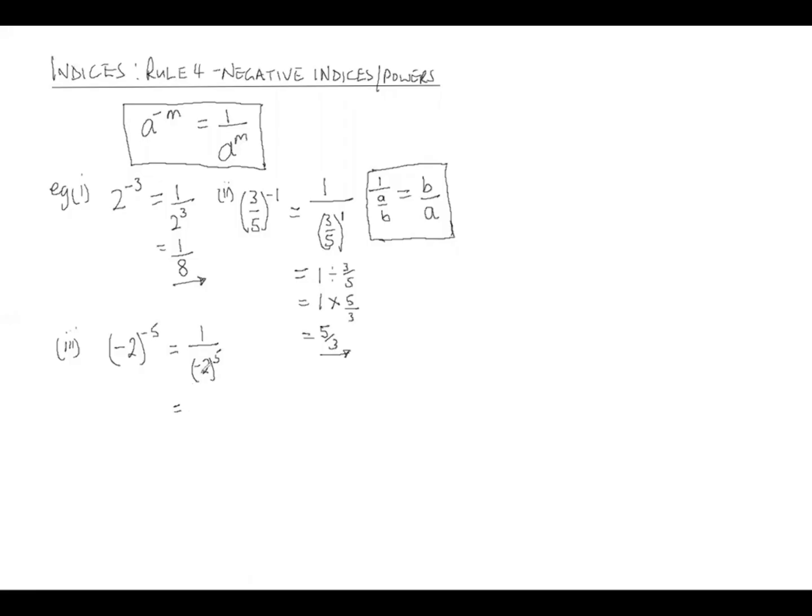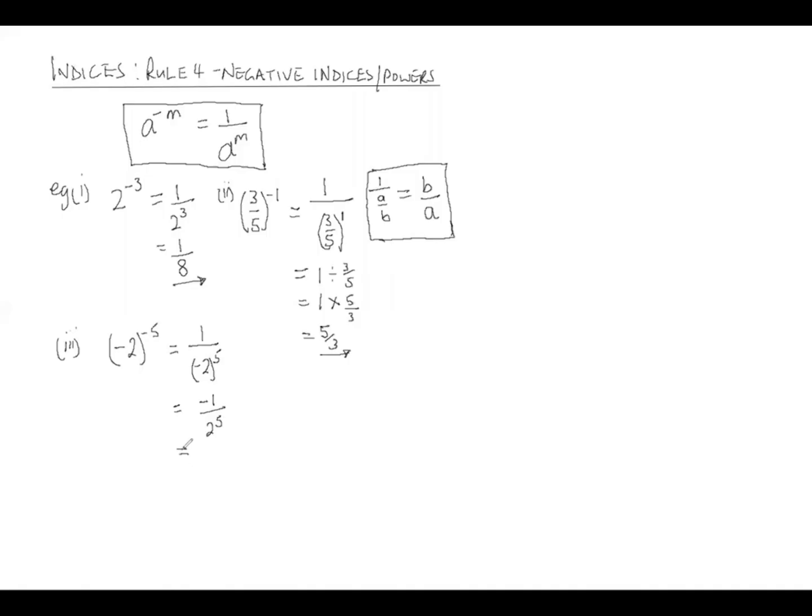So 1 over minus 2 to the power 5 is just the same as saying minus 1 over 2 to the power 5. Whenever we write a fraction, it's an international standard that the minus has to be on top if it was at the bottom.